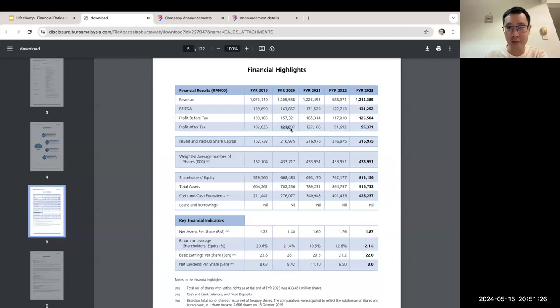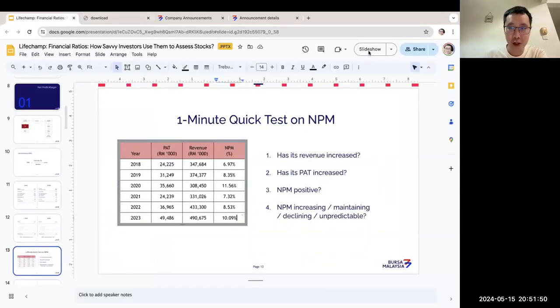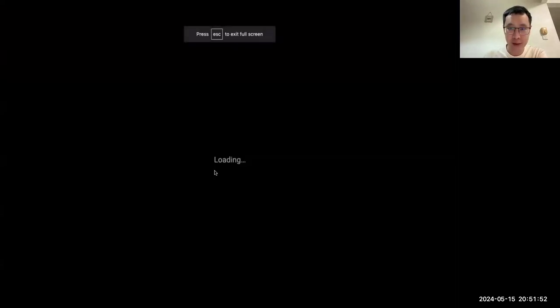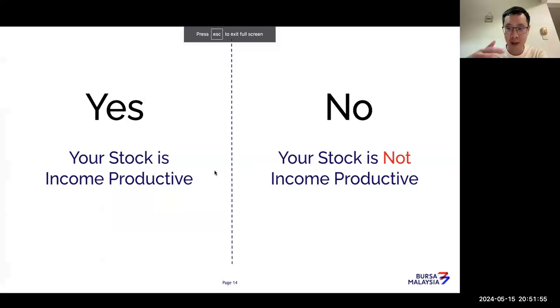It could generate 121, 127 million ringgit. So you want to find out why. You have to investigate, okay? So this is something that we will be doing, okay? So this is the first ratio, which is net profit margin, okay? So clear? With that, let me move on to the next one.